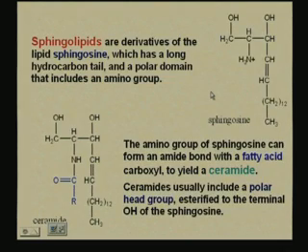A sphingolipid. What is a sphingolipid now? Now, the sphingolipid, this is the structure, it is based on the structure called sphingosine. Okay. Now, this is the structure of sphingosine. What you see here is you have a CH2OH.